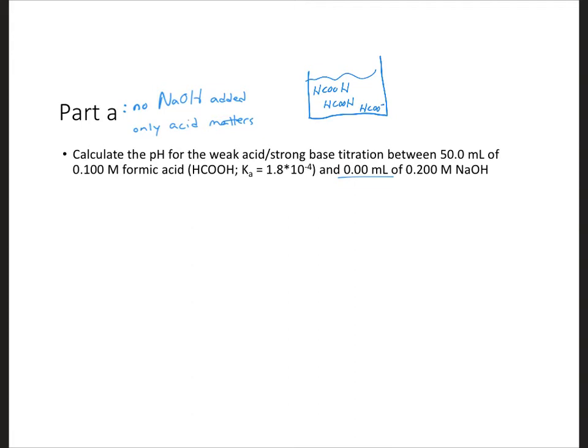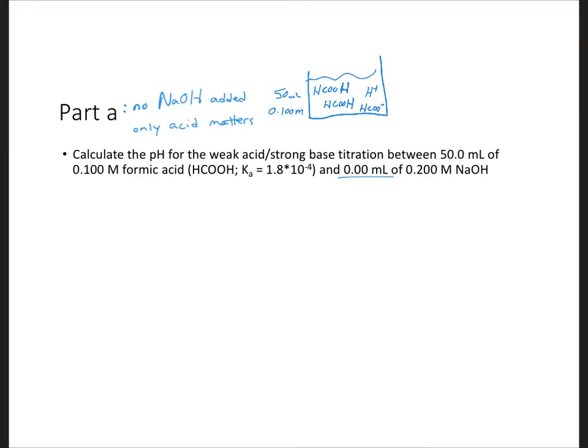This has formic acid in it. Formic acid is a weak acid, so we have a lot that has the H still on it, but we do have some instances where the proton has been liberated into solution, and that would leave an HCOO minus in solution. This is a 50 milliliter solution, and the concentration is 0.100 molar of the acid.